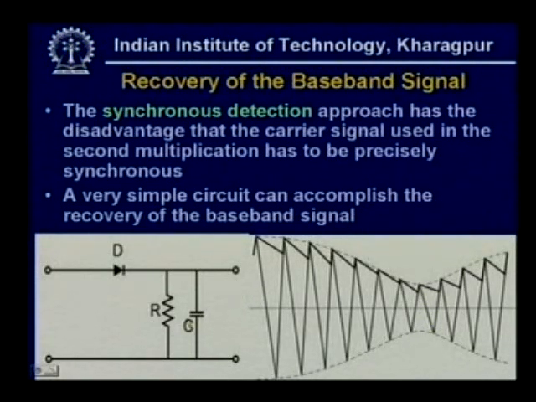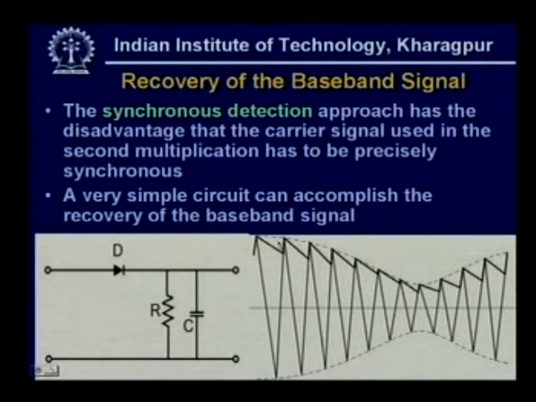As you can see here, the value of R and C can be chosen in such a way that it will follow the carrier. That means you will get this particular curve, which is essentially the baseband signal.